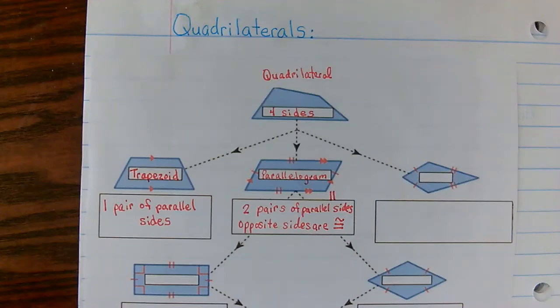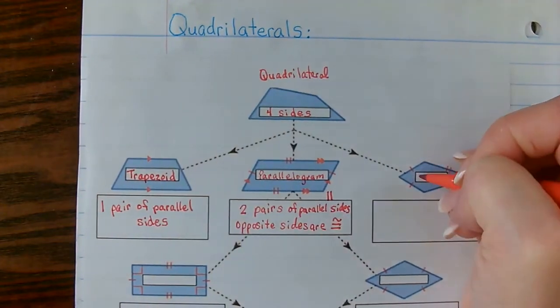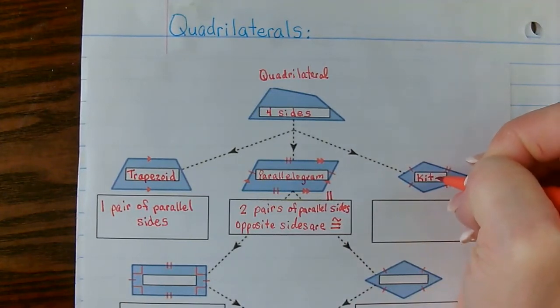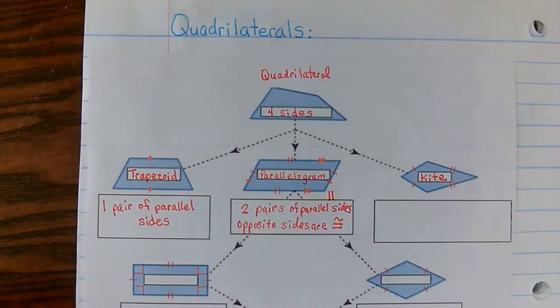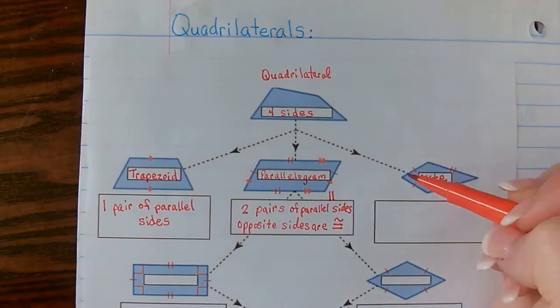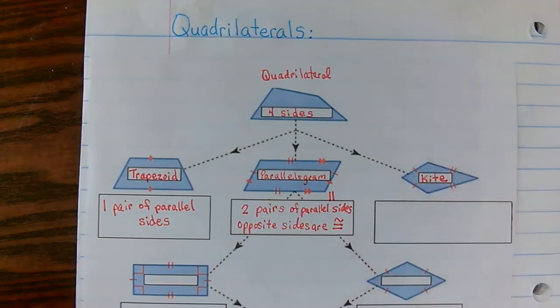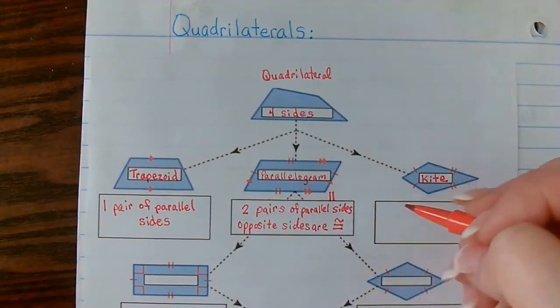This is the kite. Now, if you notice on the kite, these two sides here are adjacent to each other and they have the same measure.